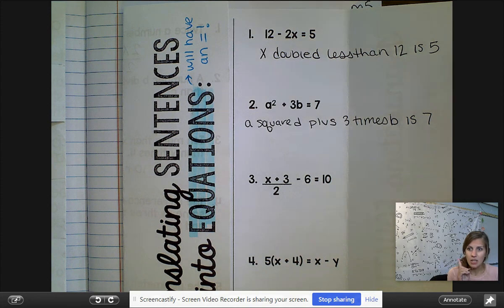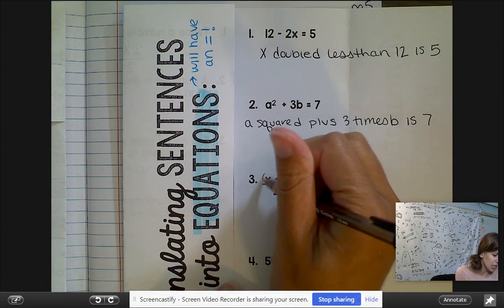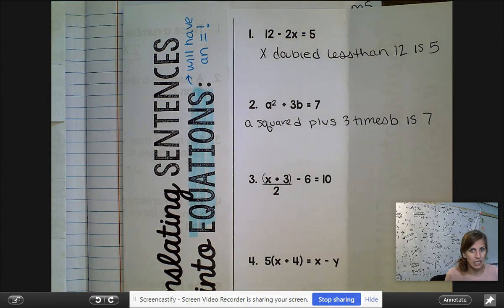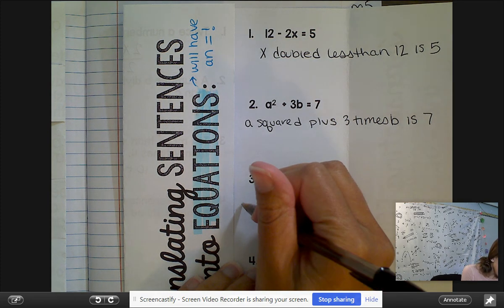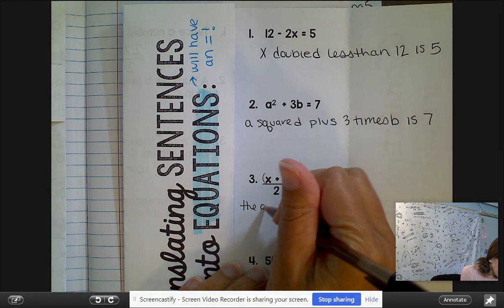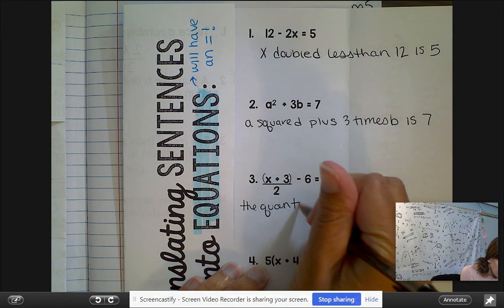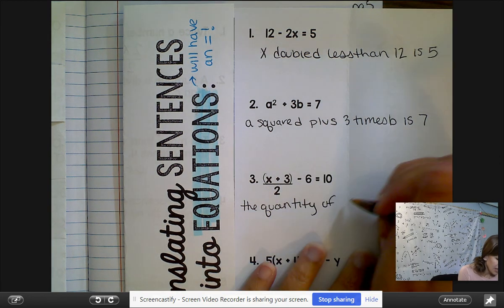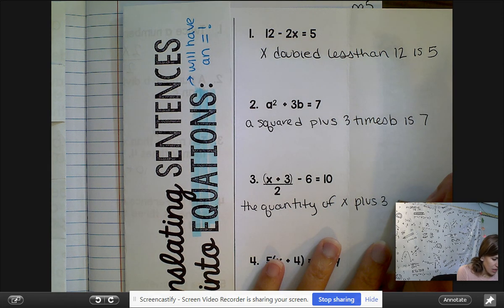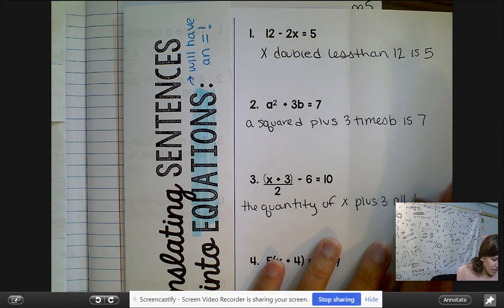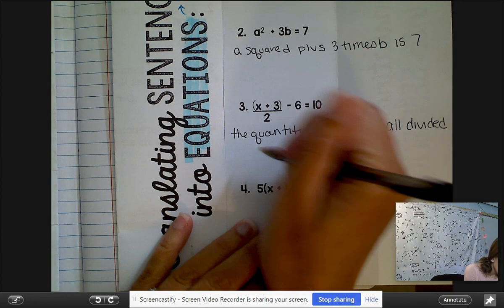Okay. Now this next one is interesting, because these two things both need to be divided. So even though there aren't parentheses there, there's kind of low-key parentheses there, so sneaky. But that's only with division that happens. Okay, so I kind of have to use some parenthesis words here. So I might say the quantity of x plus 3 all divided by 2.